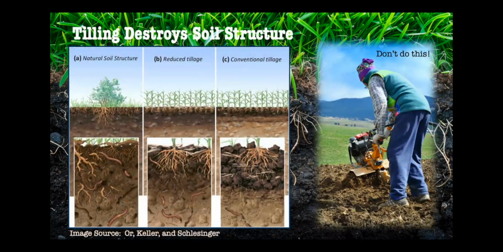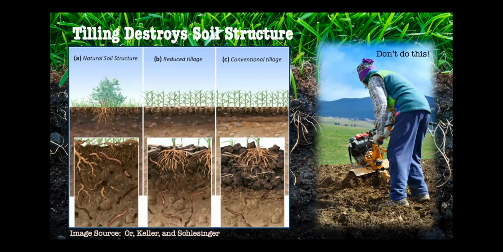Tilling. This was an image I found to try to explain it, because it's kind of counterintuitive. People think that tilling is good because it'll help break up your soil, but old-fashioned tilling, using a rototiller or something like that, is actually bad for your soil because it messes up the structure of the soil. So you've got this picture here, this one's been left alone.